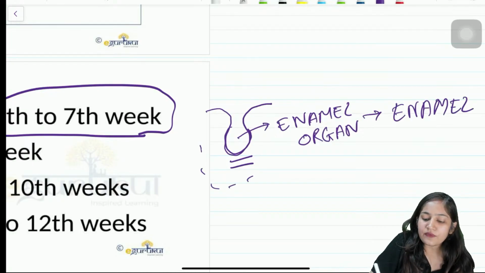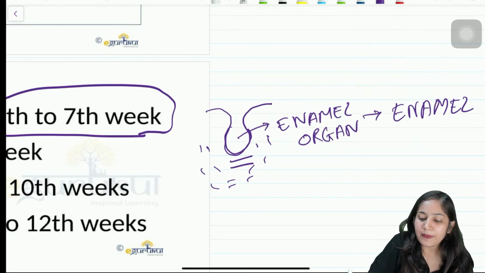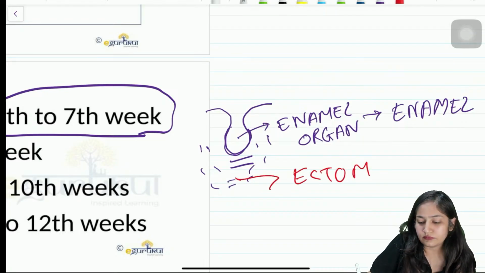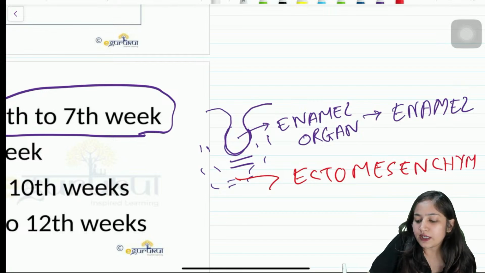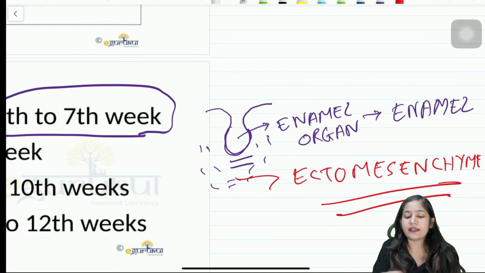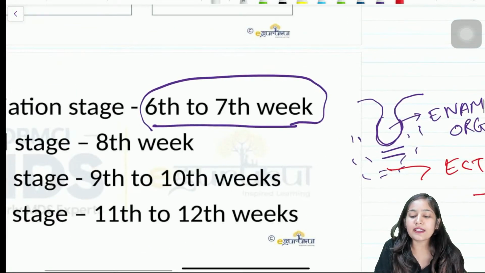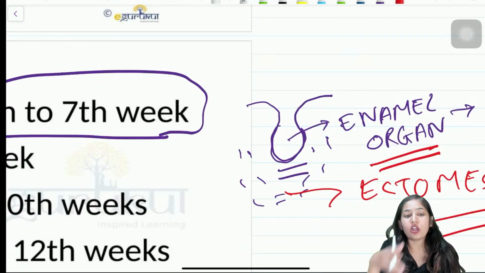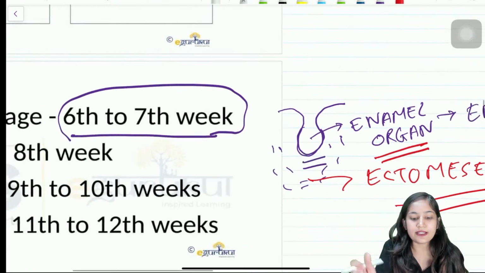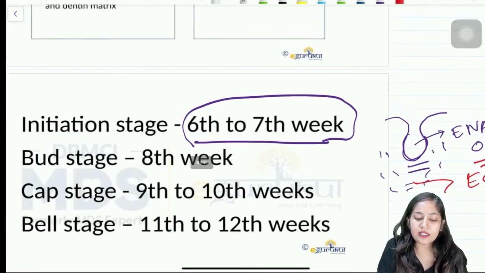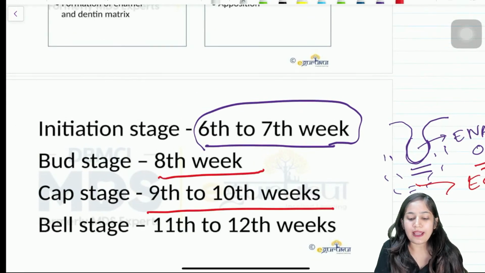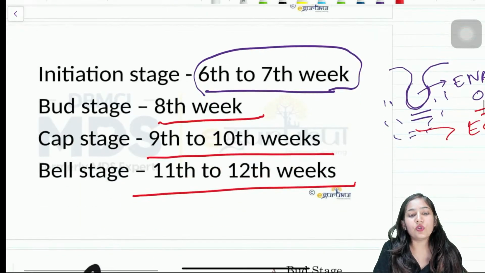And surrounding this we have our ectomesenchyme, which will further lead to the formation of other dental tissues. So these stages are named mainly on the shape of the enamel organ formed by the proliferation of the basal cells. So bud stage is formed during 8th week, cap stage 9th to 10th week and bell stage 11th to 12th week.